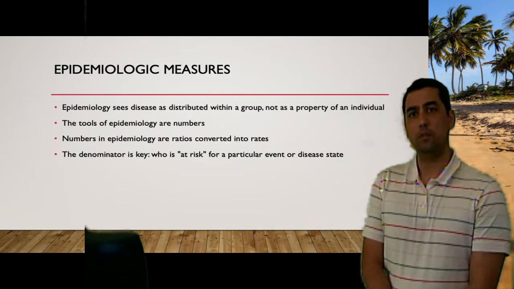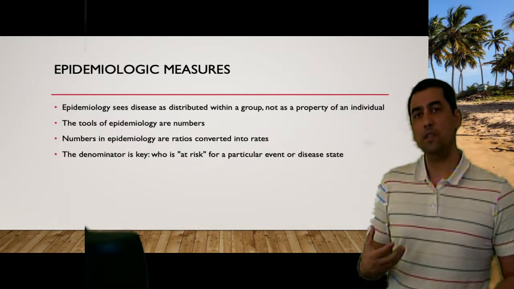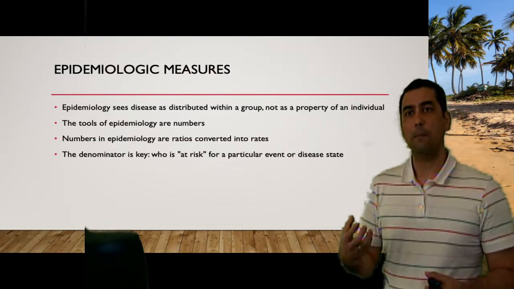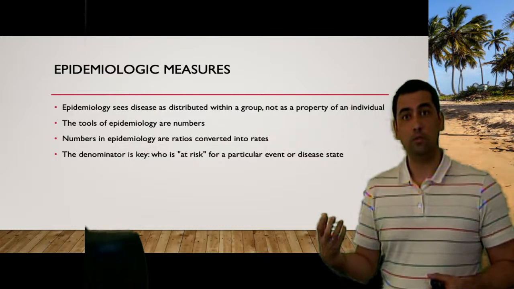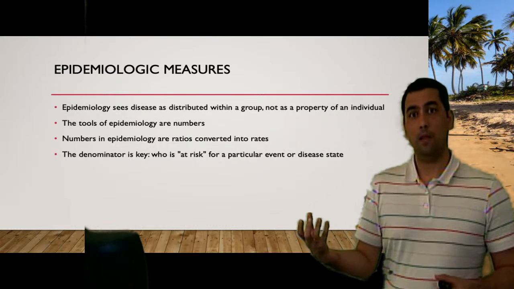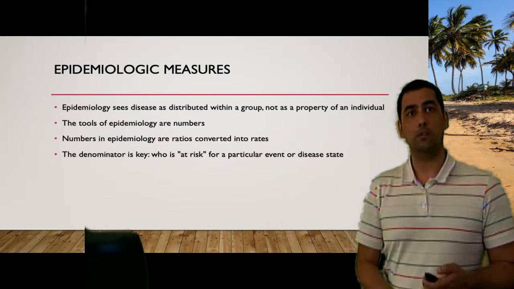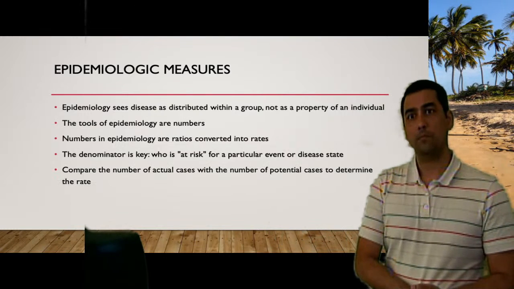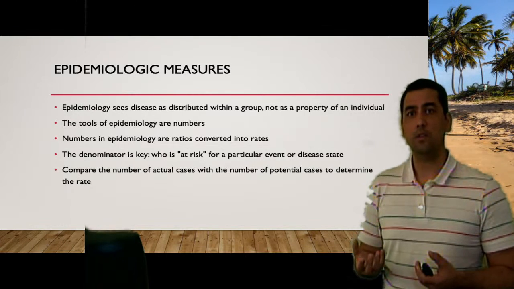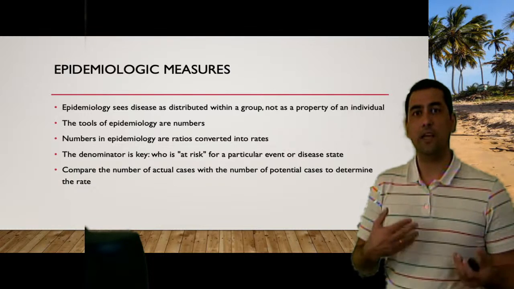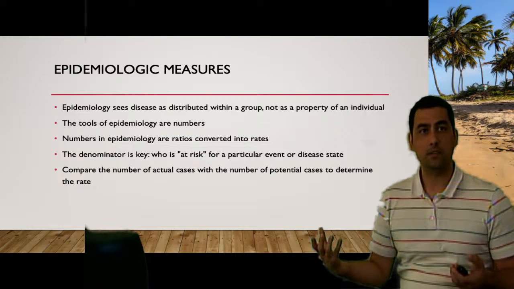The denominator is key. Example, who is at risk for a particular event or disease state? We will use these people as the denominator. Compare the number of actual cases with the number of potential cases to determine the rate.